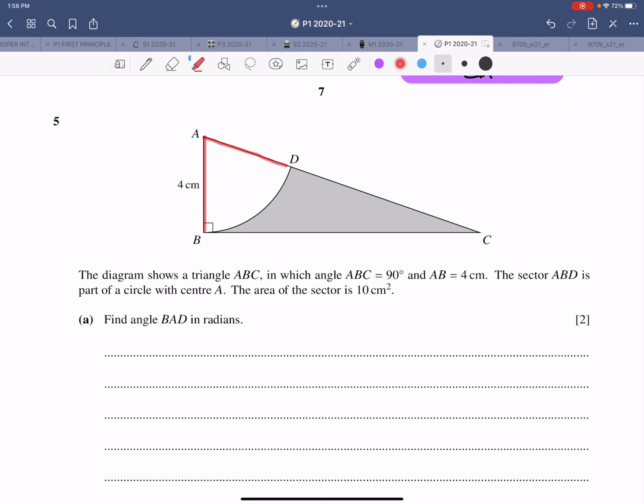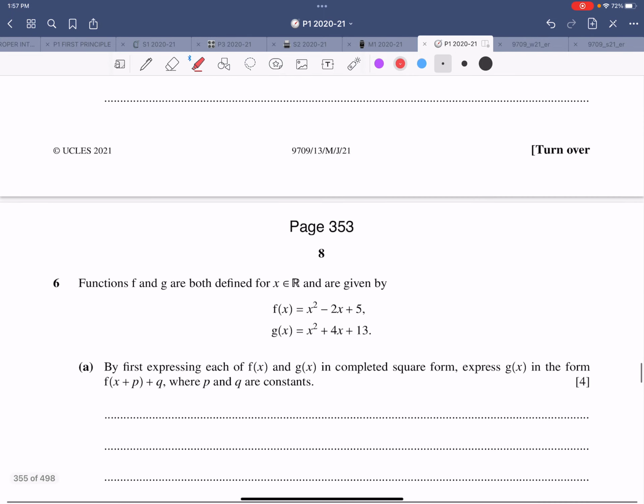So therefore, this thing AD is also 4 centimeters. And what else is there? This thing is formed because of this. So therefore, this is formed like this. That's how it goes. Find angle BAD in radians. The area of the sector is this. Find the perimeter of the shaded region. Straightforward question.